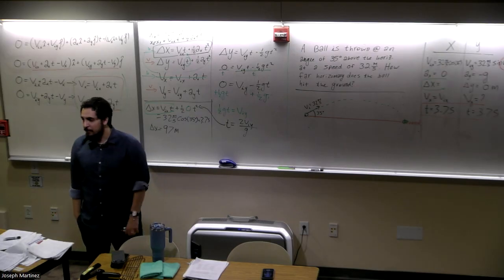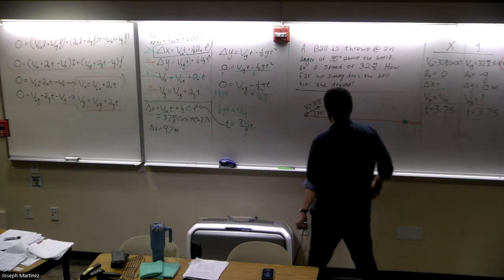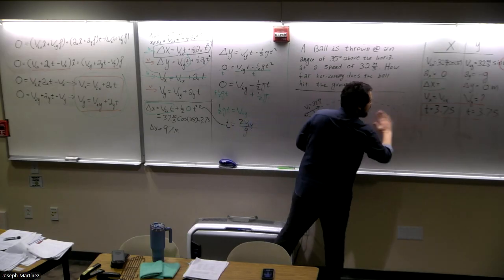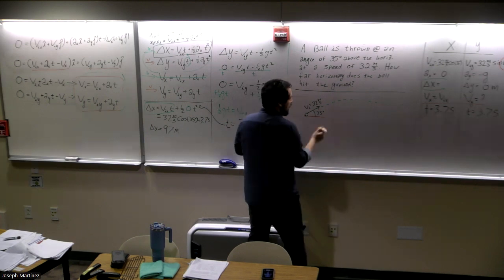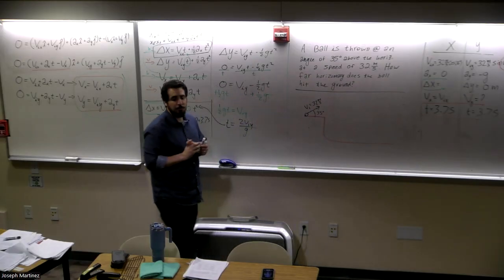Feel okay about this? Any thoughts, any comments? If we have enough time, I'm going to change this problem up on you. How am I going to change the problem? I am going to say we launch a ball off a cliff.